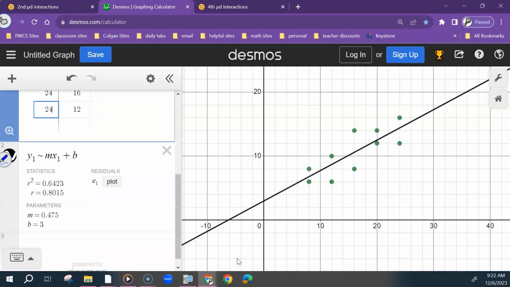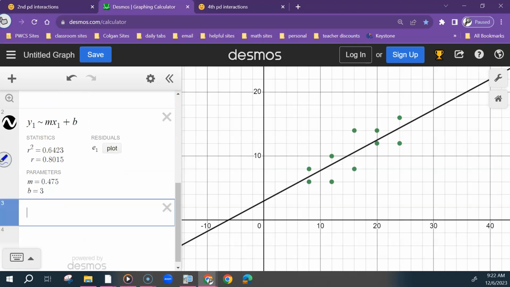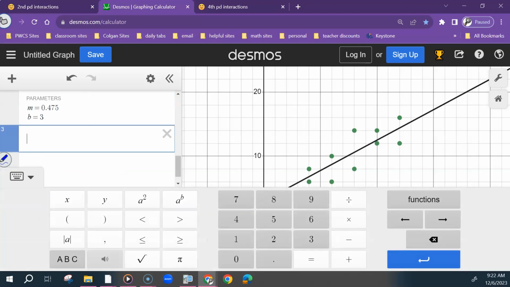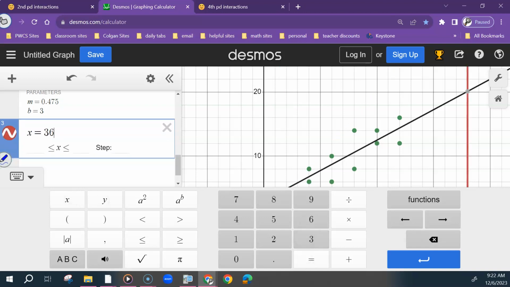On Desmos, like most things, it is easier to do the next part. So hours without sleep is 36. So they're telling us our x value or our y value. They're telling us our x. We're looking for our y. So we're going to put in x equals 36.